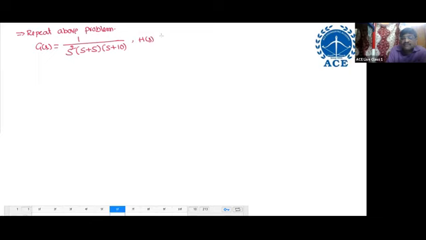H of S is 1. First input 10 u of t. Second input 10 t u of t. Third input 10 t square u of t.